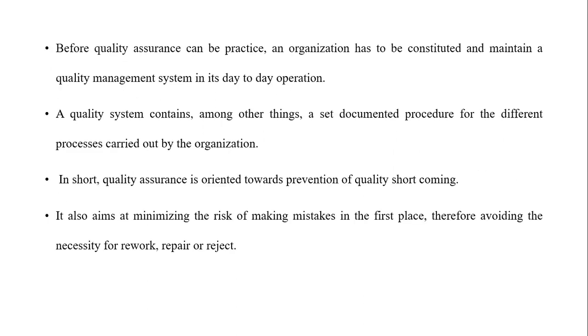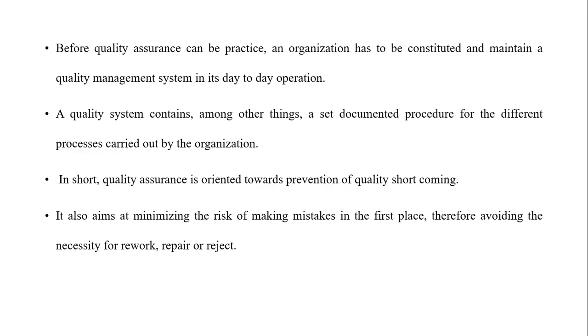Before quality assurance can be practiced, an organization has to be constituted and maintain a quality management system in its day-to-day operation. A quality system contains a set of documented procedures for the different processes carried out by the organization. In short, assurance is oriented towards prevention of quality shortcomings.